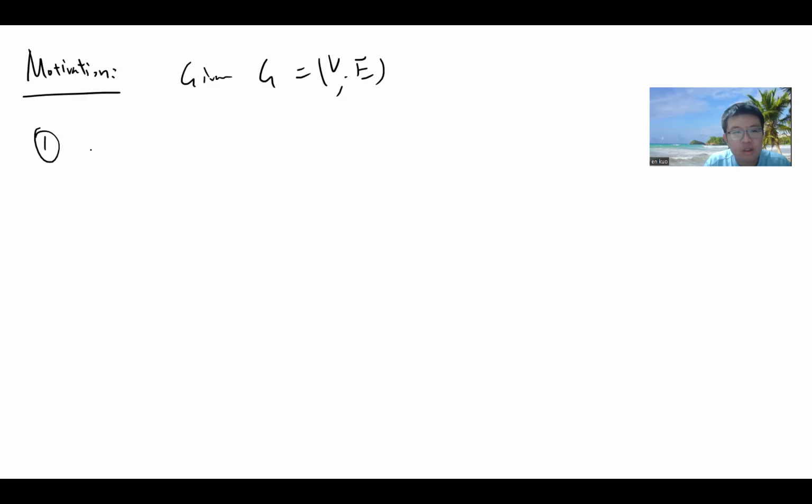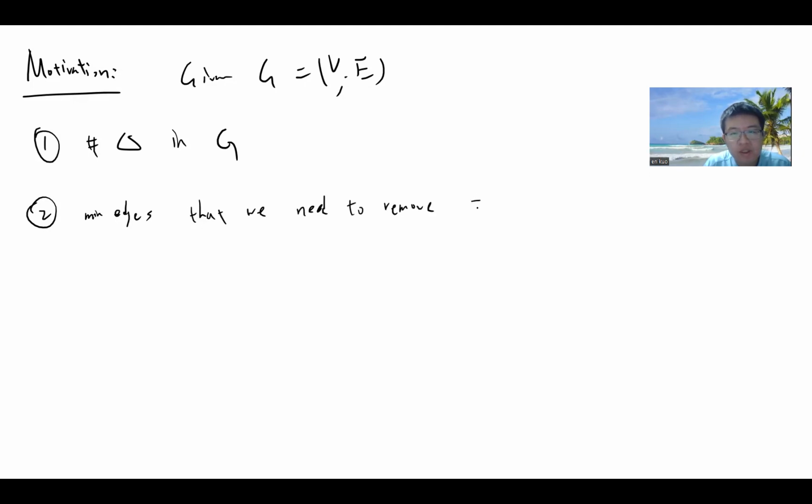One is the number of triangles in G. The second one is the minimum number of edges that we need to remove to make G triangle free. So this question basically asks what's the relation between 1 and 2.